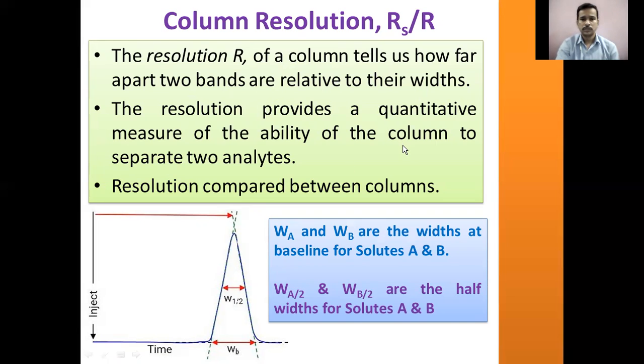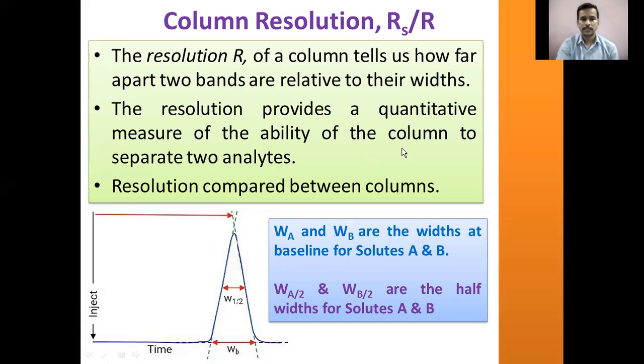This resolution is a column characteristic, whether the column is suitable for the baseline resolution of two analytes, because only when a minimum of two analytes are separated can the term resolution be used. For a single eluting analyte, resolution is not suitable to calculate or express.